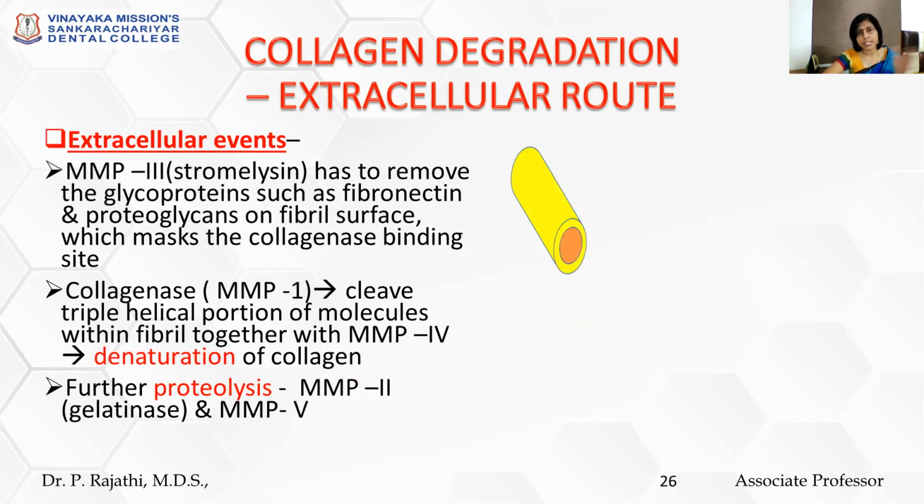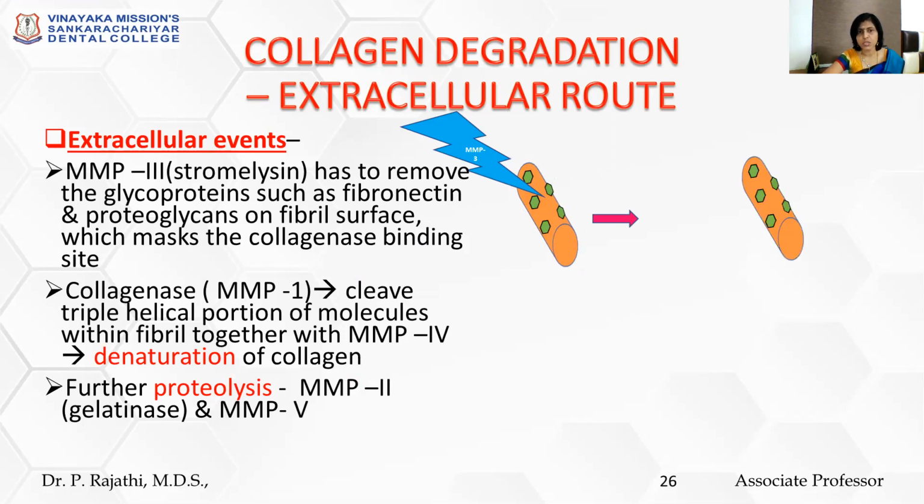So let's have a short recap of the processes that occur in the extracellular route. MMP3 stromelysin first has to remove the glycoproteins such as fibronectin and proteoglycan that are present on the fibril surface. Why does it have to be removed? Then only the collagenase binding site will get exposed.